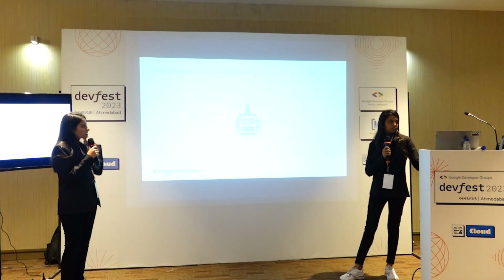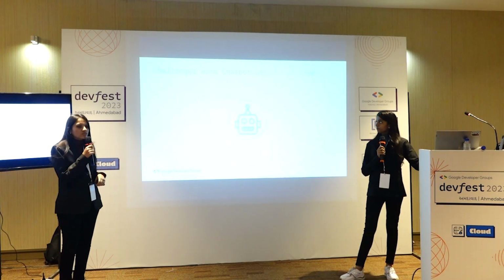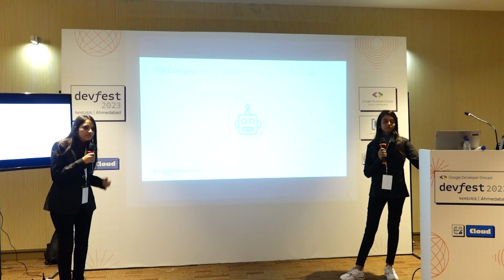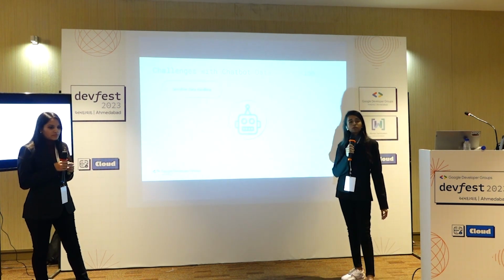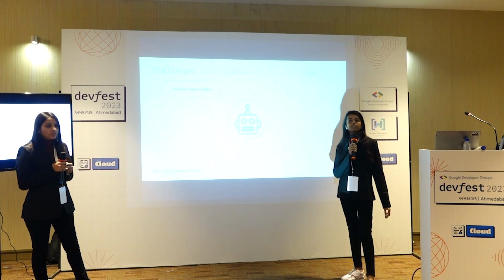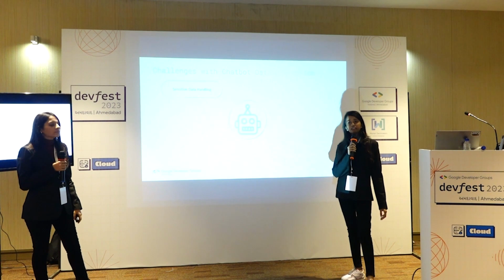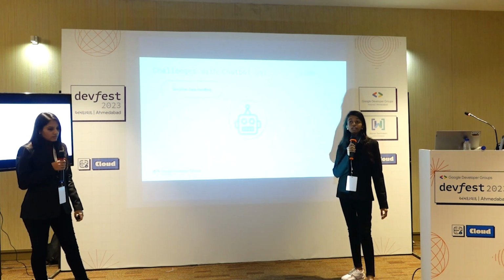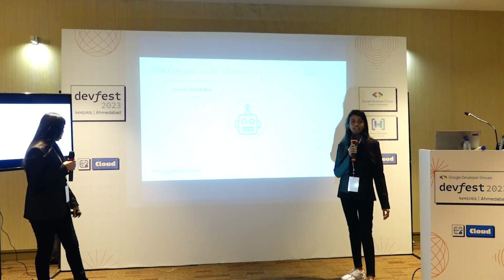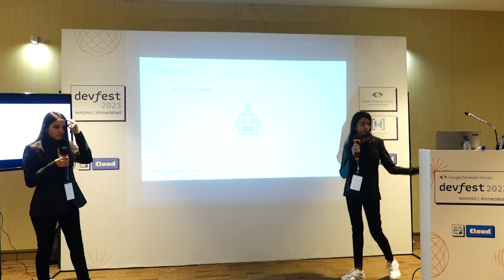Yeah, so first let's discuss the challenges with chatbot data protection. The first one is sensitive data handling. Chatbots often deal with various sensitive information like personally identifiable information, health details, and so on. But the major concern is that what if the data gets leaked? It can lead to privacy breaches.